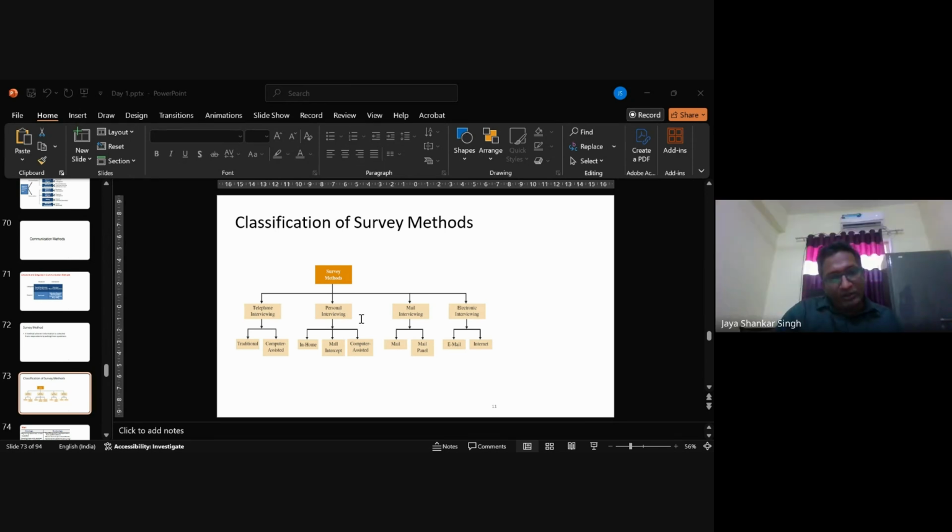Correct. What you're trying to say, I will articulate: it is harder to analyze as a researcher. All open-ended questions become too difficult for you to collect and analyze because all are qualitative data. It's not numbers like 1, 2, 3 where you take the average and understand that they are happy with this particular feature. So it's difficult to analyze.